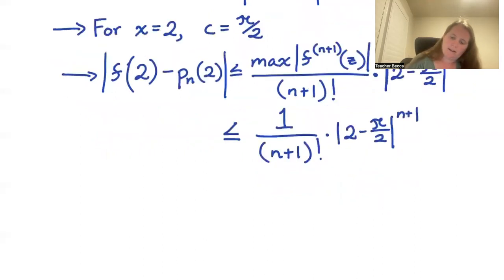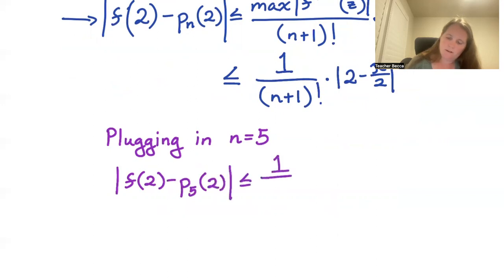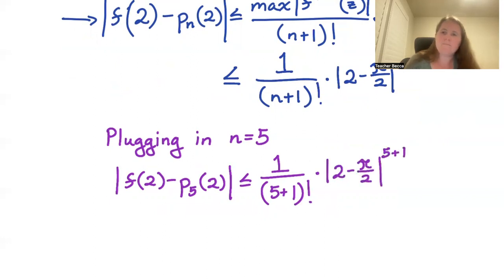So now plugging in n equals 5, we are looking at the absolute value of f of 2 minus P sub 5 of 2 is less than or equal to 1 over 5 plus 1 factorial times the absolute value of 2 minus pi over 2 raised to the 5 plus 1.